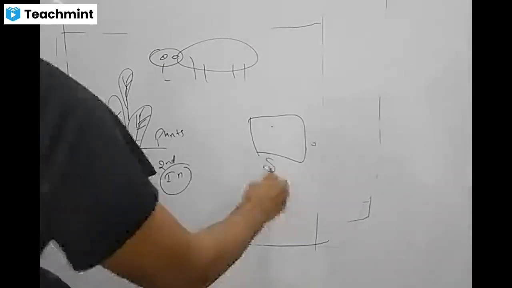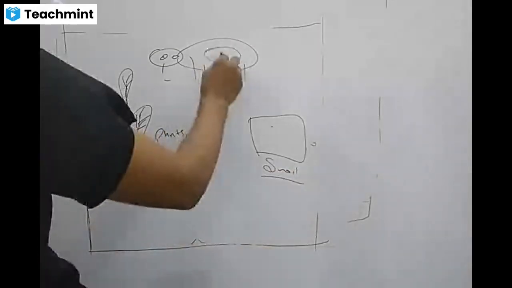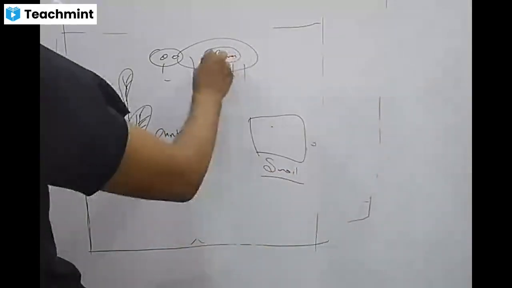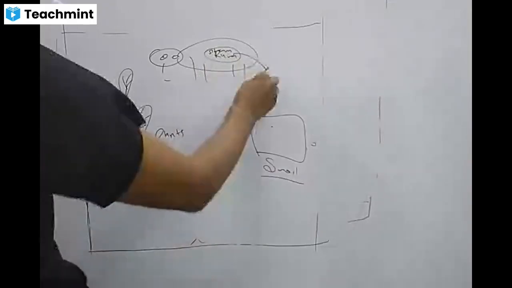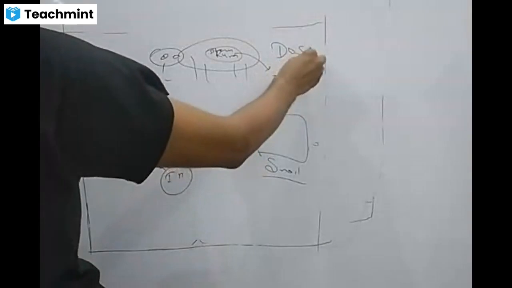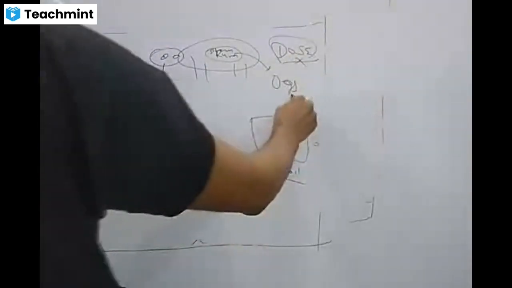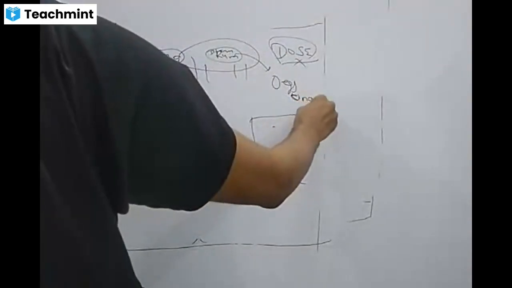So in this case also, the first is the snail. As amphistomes are found in the rumen or stomach, what comes out from the body? Egg. Is it embryonated or not? It is not embryonated, it means the egg is unembryonated.